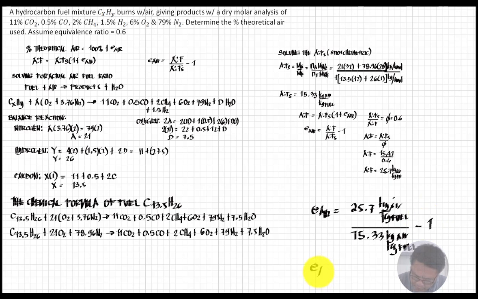So we have now the value of your excess air. We have the value of 0.67, or let's say this is 67%.